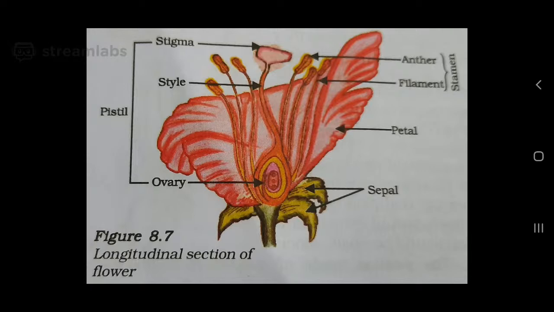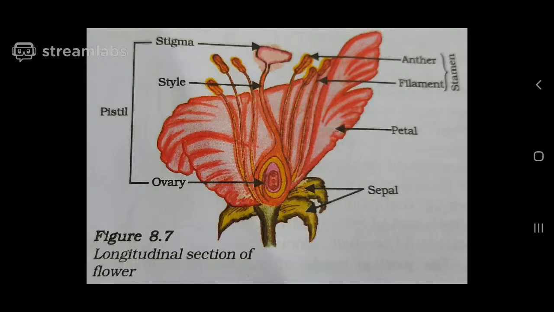The flowers, while preparing the gametes, synthesizing the gametes, undergo a process called meiosis. During meiosis, what is meiosis? It is a kind of cell division.